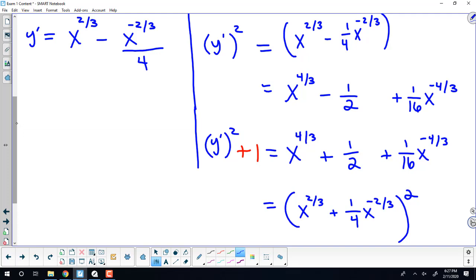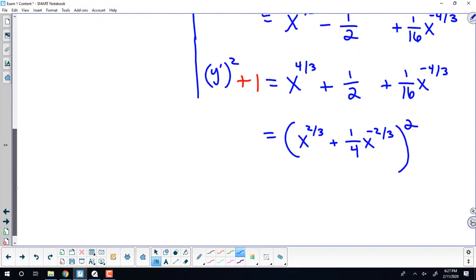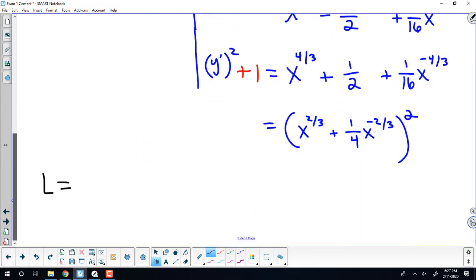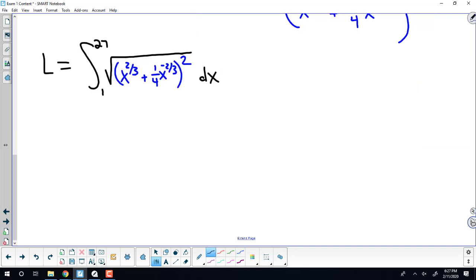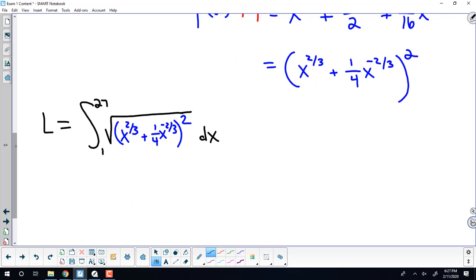Any questions on what we've done? So then that goes under the radical for the arc length, 1 to 27. So then we're just integrating powers of x.